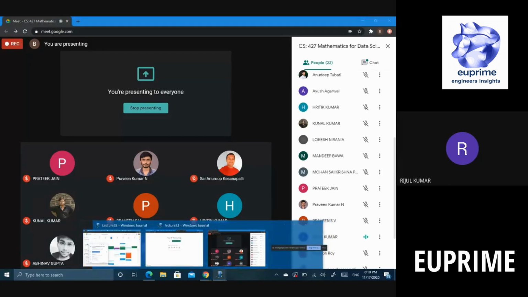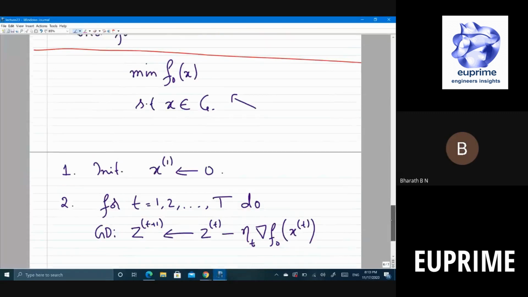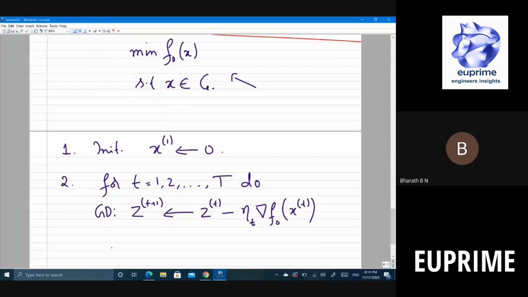We are forgetting about the constraint, then what will happen? Suppose I do only this here itself and keep looping. Let's say eta t is 1 by square root of capital T. I have given you that also. You will just basically move in the direction of descent of f naught. So what might happen? Can you intuitively think and tell me the answer? Eventually, what might happen?